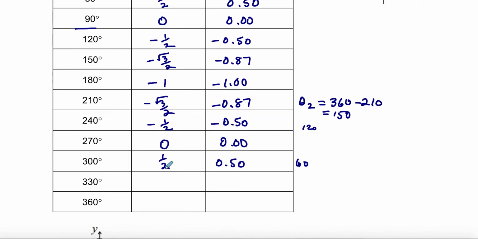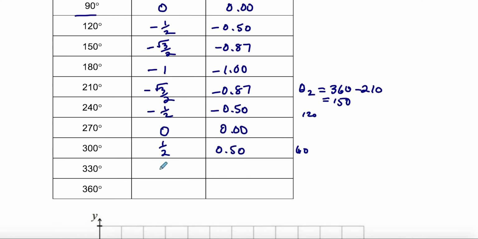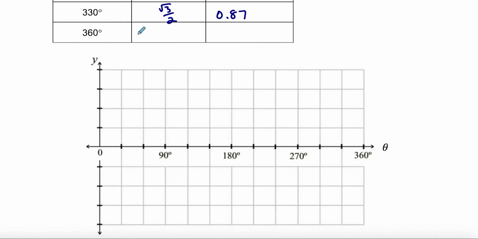Cosine's going to be positive. 30 was root 3 over 2, so we've got root 3 over 2 again. 0.87 is what you'd get on your calculator. I'm not going to 4 decimal places here just because that's pretty hard to graph anyway. So 2 decimal places works just fine. And then 360 degrees, we would be back to 1.